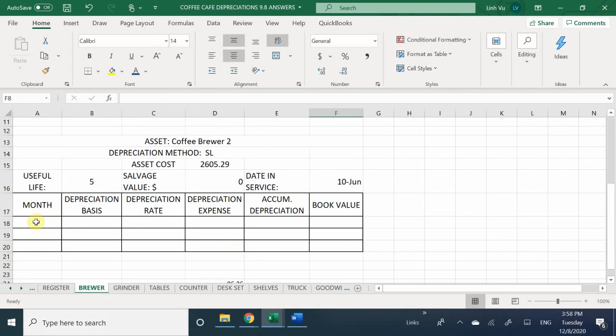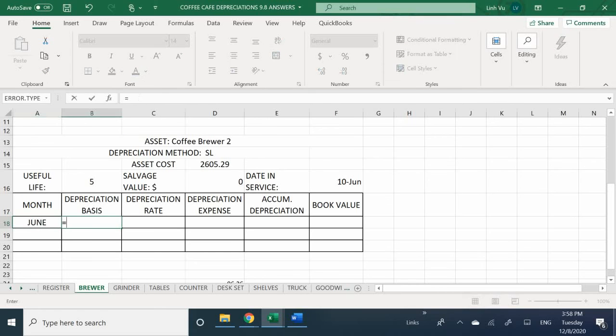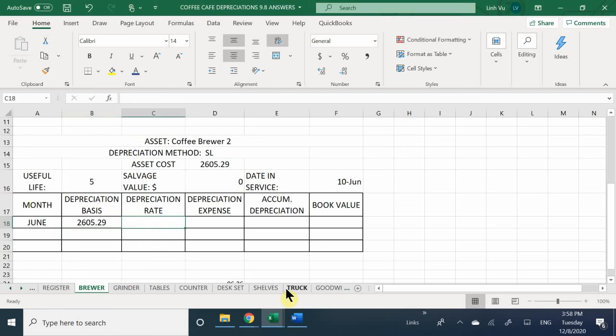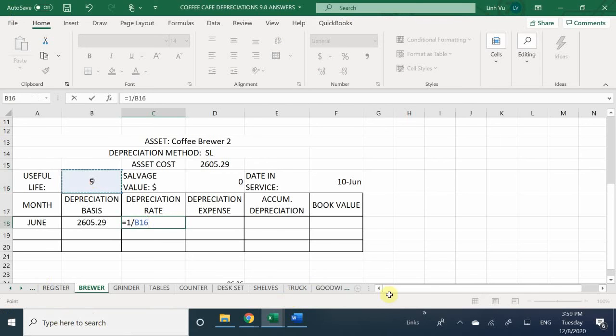So again, we're going to depreciate for the month of June. Okay, the depreciation basis is the cost of the asset minus the salvage. There's 0 in the salvage. 2,605.29. Okay. And the depreciation rate in this case is going to be 20%.